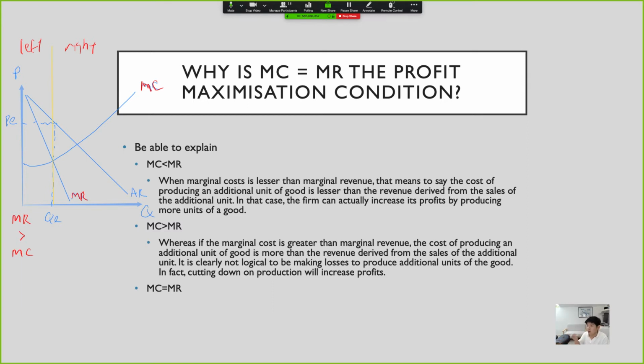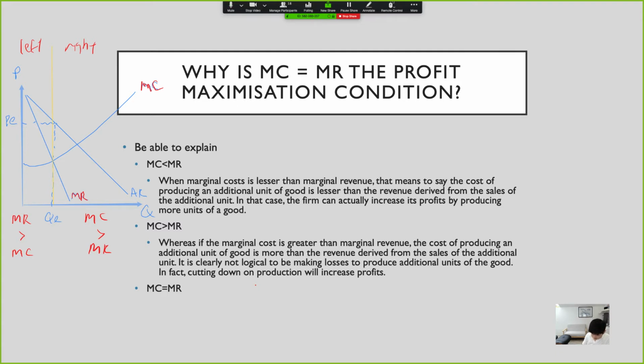I will make more money and increase my profits if I produce less. So on the right-hand side of the diagram, because my marginal cost is greater than my marginal revenue, I should produce less to maximize profits.